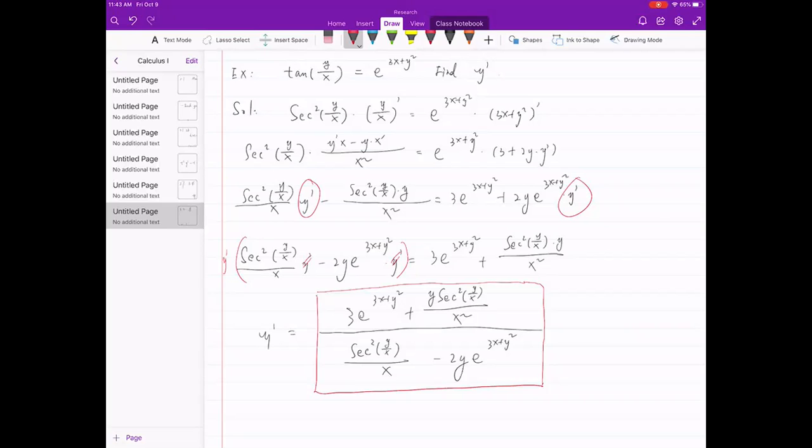We're open for questions. And if you could do this, you're way beyond what's required by the exam. This will be harder than what the exam will be. How did you get the secant squared y over x from step 2 to 3?